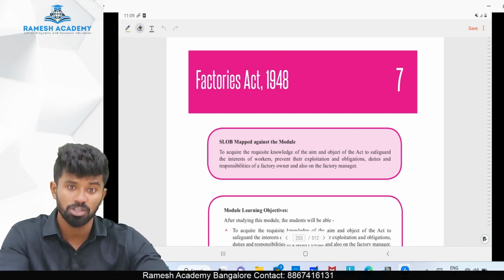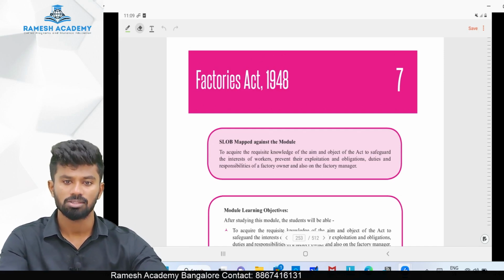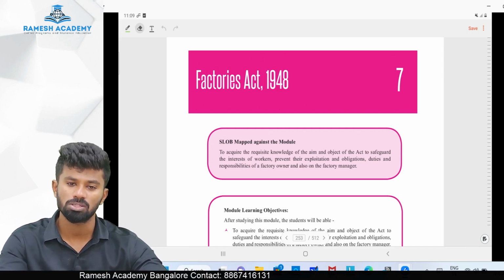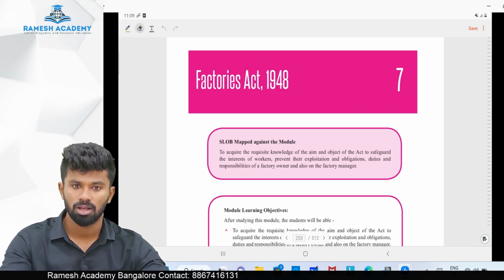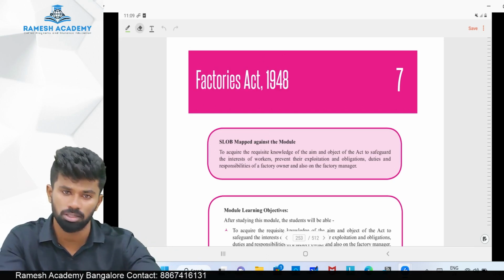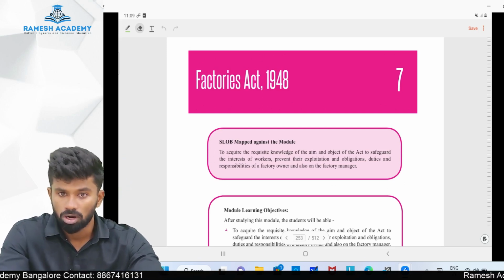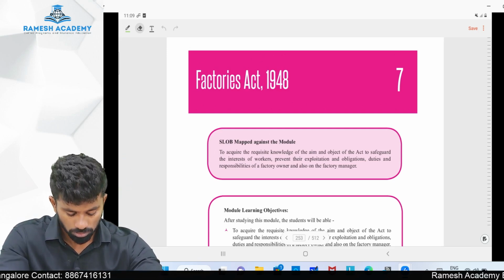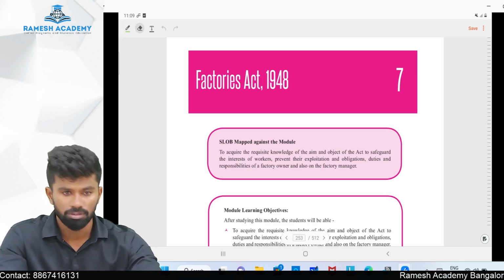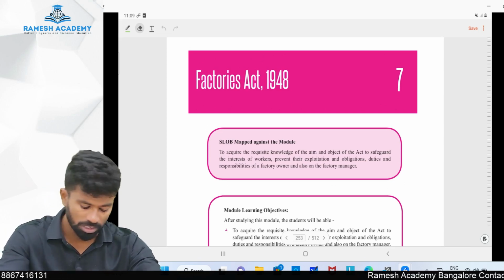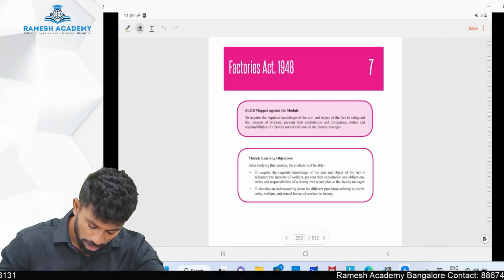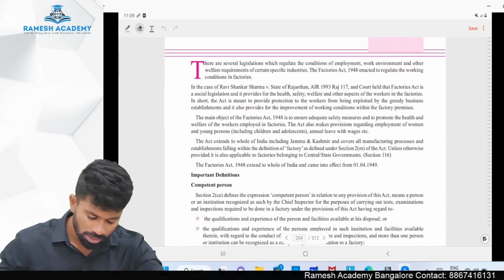If a factory wants to carry out any hazardous process which involves dangerous substances or which may cause harm to the society, then what is the approval required or what action should be taken? All those things we will discuss in this chapter called Factories Act 1948. So let us discuss this.